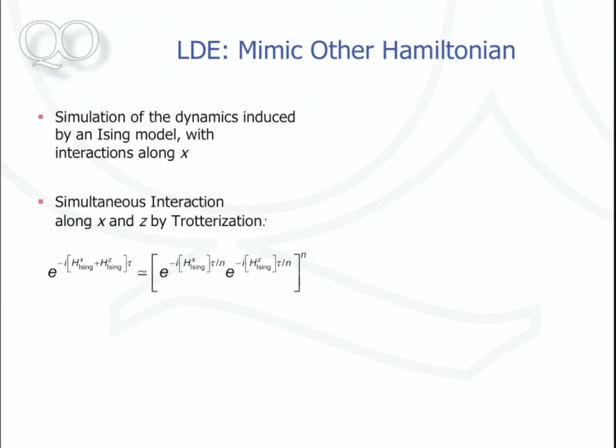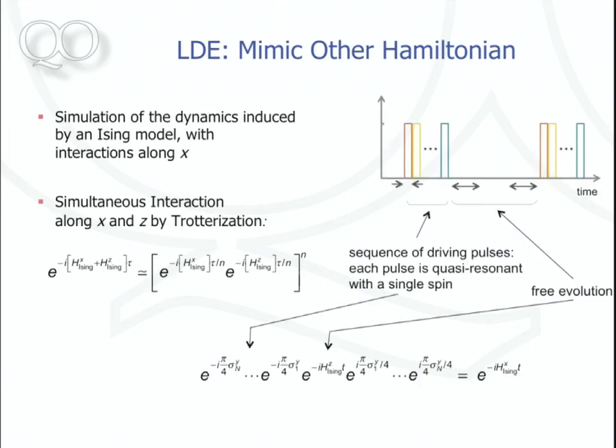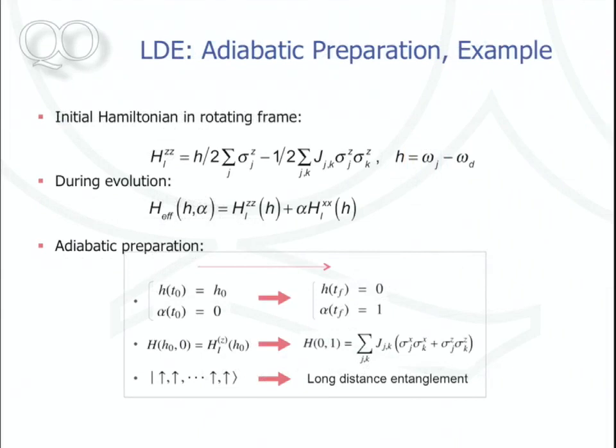We have small time evolution steps, tau over n. So the total time evolution is split into n steps where we apply either sigma z or sigma x coupling, and then do this n times.